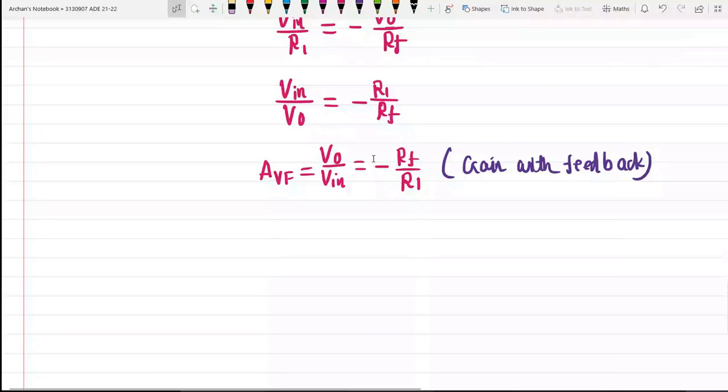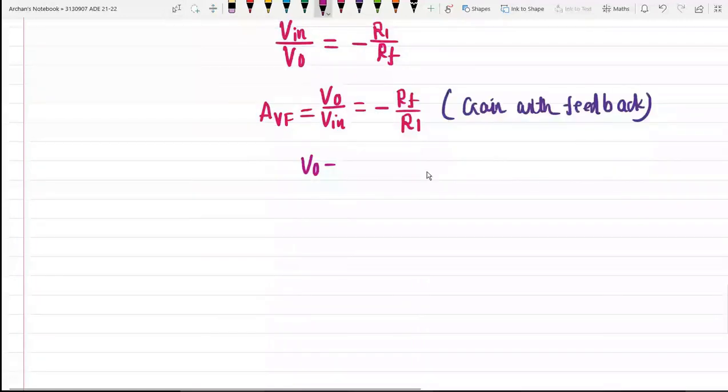So if I try to find out the output voltage V0, then the output voltage V0 is given by minus RF by R1 times V in.